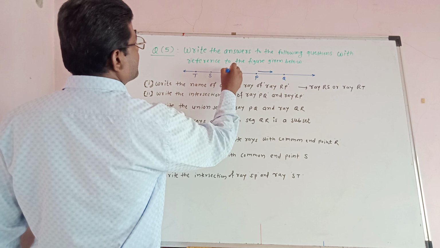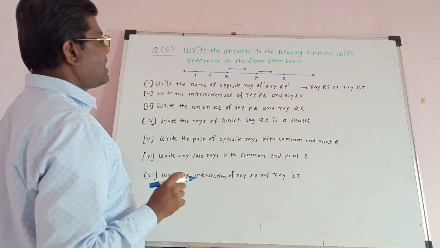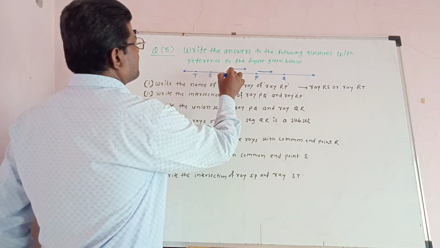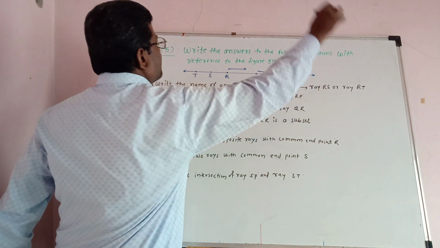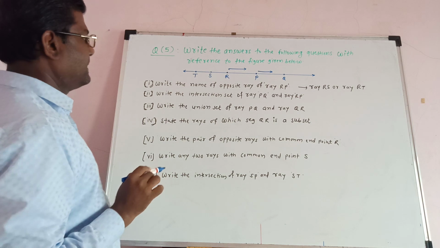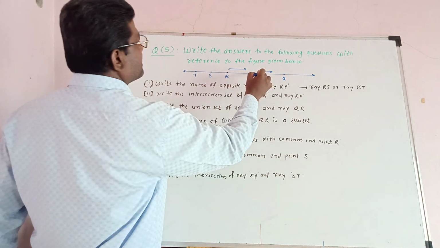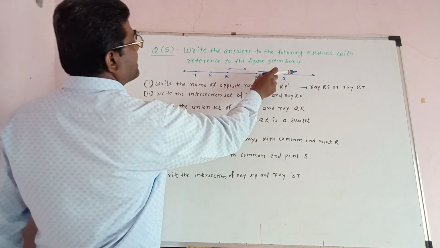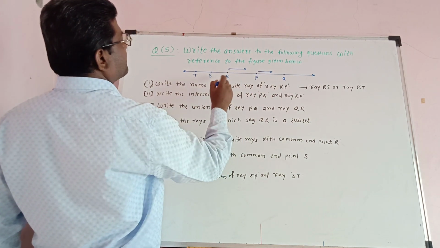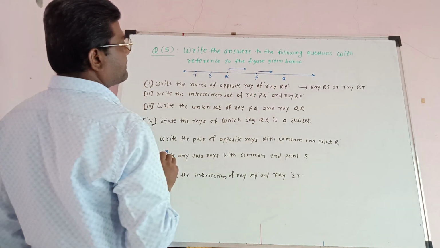RP starts from this. So RP is from R, P, Q. This is a ray RP, and ray PQ is from this. So we say that ray PQ also comes in ray RP.